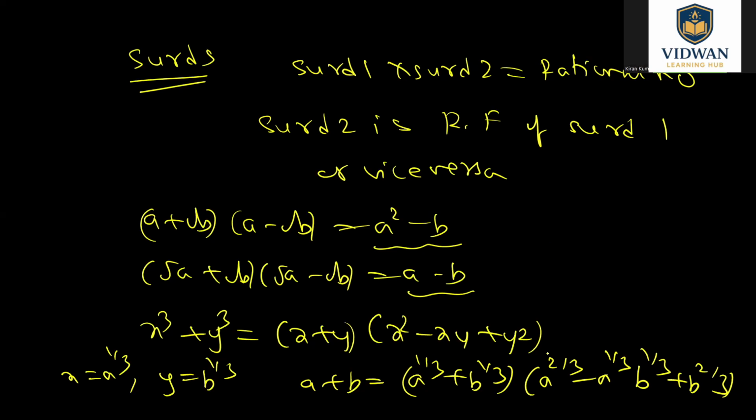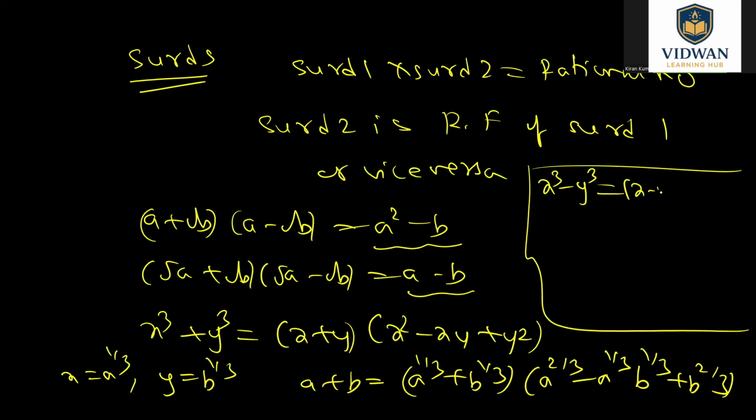And in case you want a result with a minus, for x cube minus y cube, what is the formula? x minus y into x square plus xy plus y square. So if I put the same values a power 1 by 3, b power 1 by 3 for x and y, this will become a minus b.